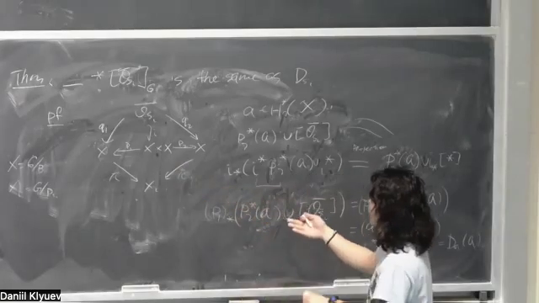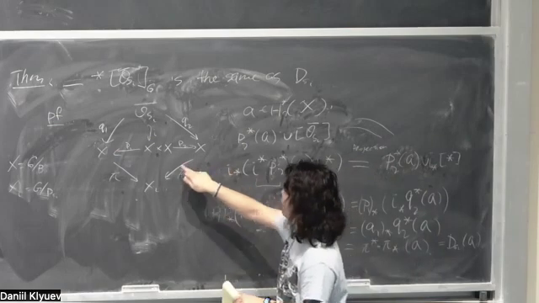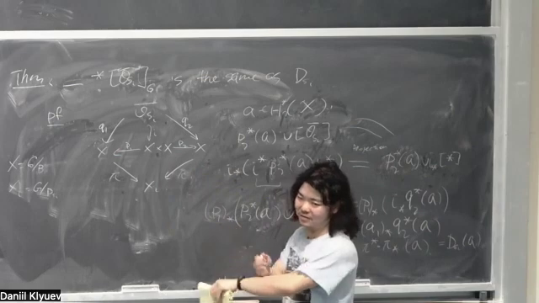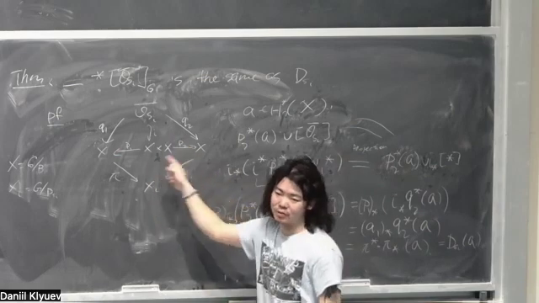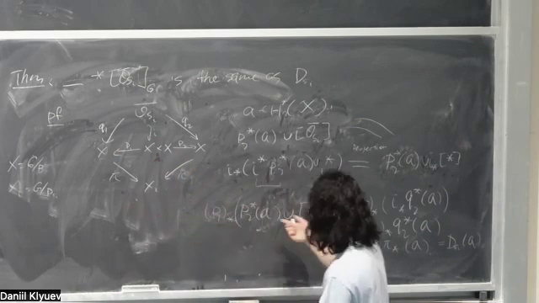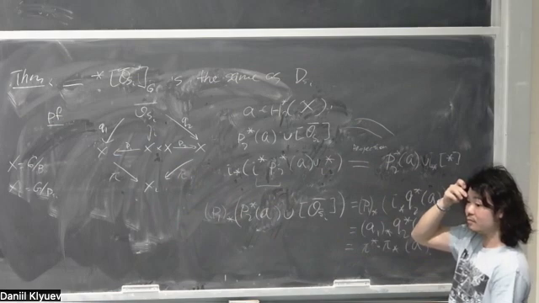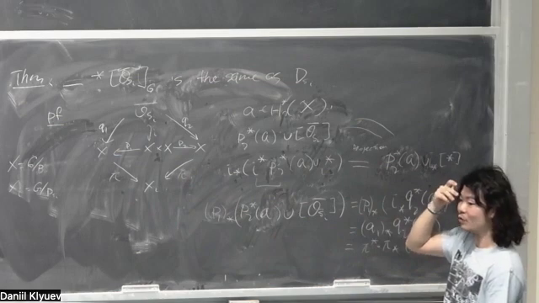Remember the convolution is you pull back a class here, and then you do the transversal intersection with some class here, and then you push forward. That's what I wrote down. In convolution, you have x cross x cross x to x cross x, x cross x to x.